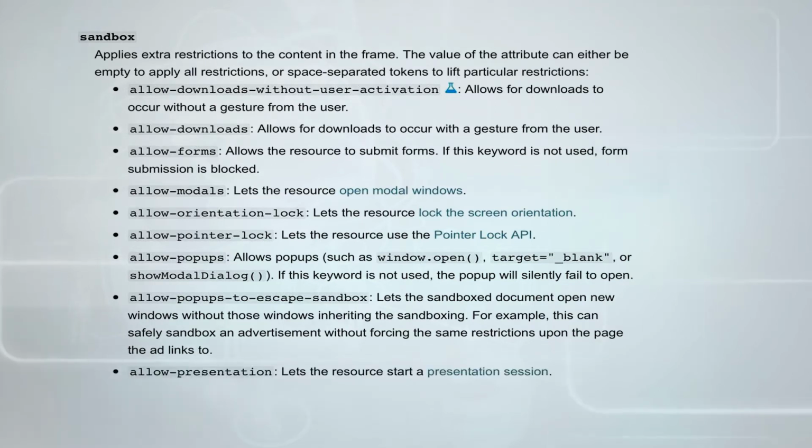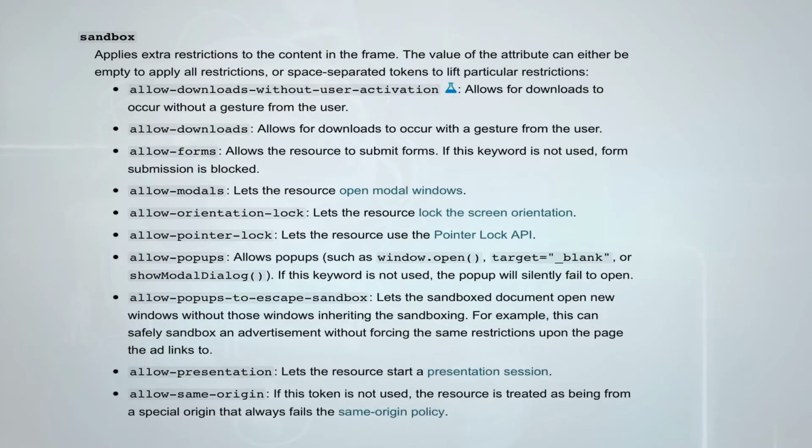Then we have allow presentation, which lets the resource start a presentation session. Allow same origin: if this token is not used, then the resource is treated as being from a special origin that always fails the same origin policy.